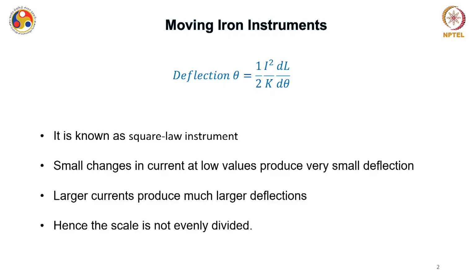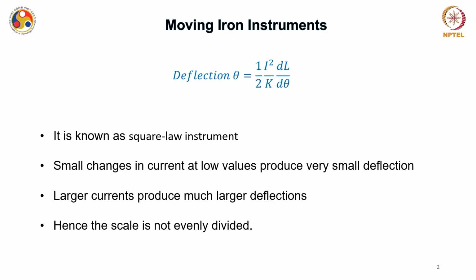In fact, we have derived the torque equation as well as the deflection equation. If you remember, the value of deflection theta that we have obtained was this: deflection was equal to half of I square by k, which was the constant, basically the spring constant, into dL by d theta.